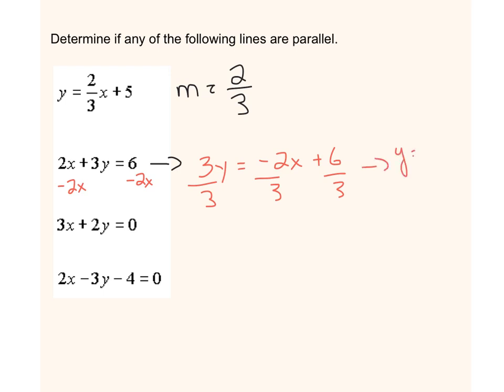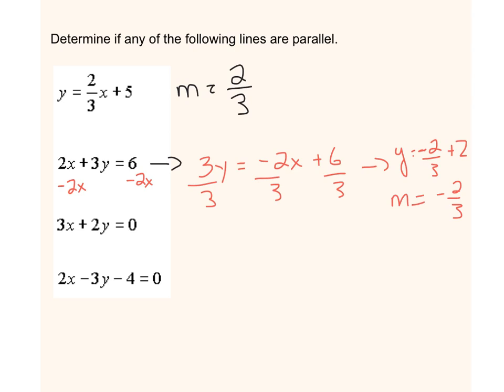Y equals negative 2 over 3 x plus 2. So the slope here is negative 2 over 3. Notice that the first one and the second one are not the same sign. One's positive, one's negative. So they are not parallel because they are not the same.